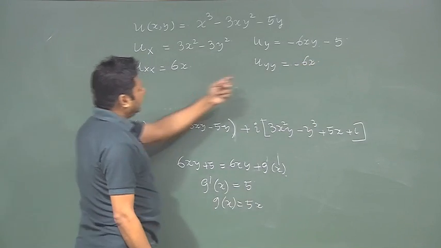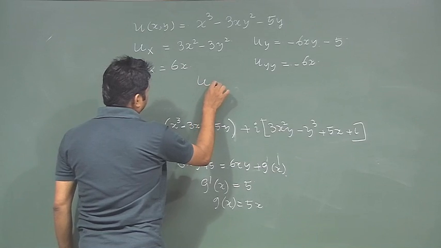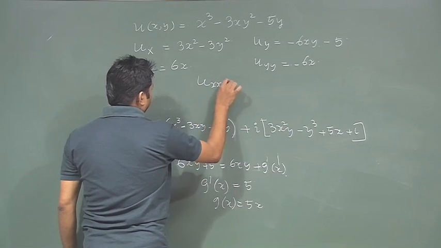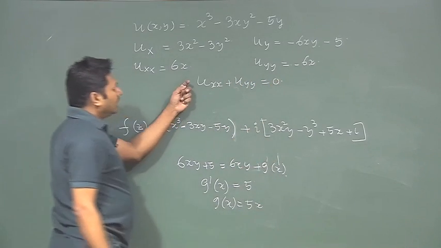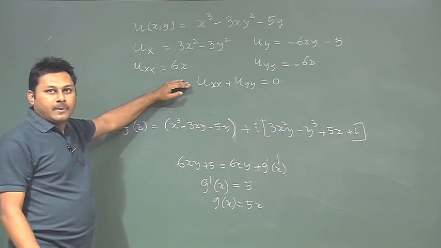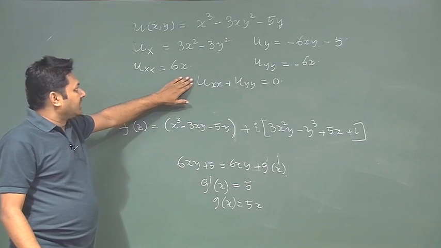So, from here and here I can write that u_xx plus u_yy is equal to 0. That means u, the function that is given to me, is harmonic in nature.